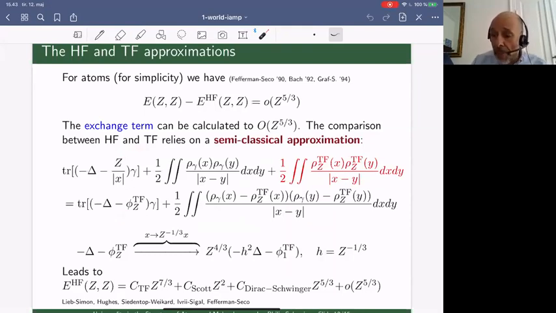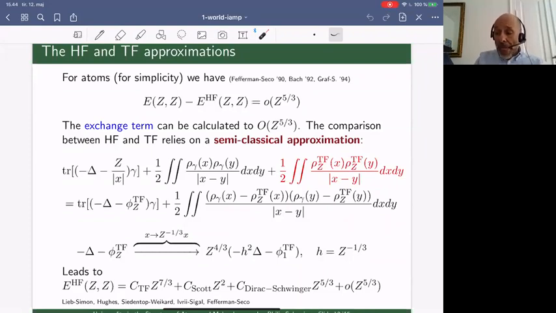If you remember, the Thomas-Fermi density was Z over |x| minus the convolution of the Thomas-Fermi density with the Coulomb kernel. And that's exactly, when I take the trace against the gamma, the cross term in this expression. But notice that this expression is the energy of a density with itself. So this is a positive expression.